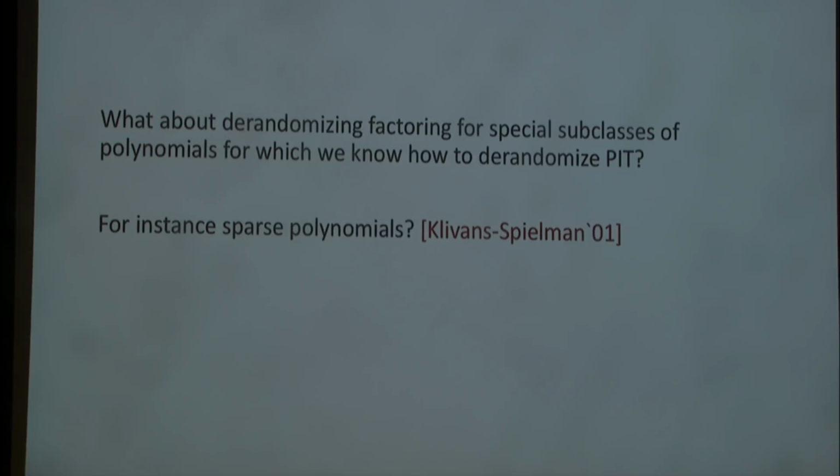Those were all results from the 80s, and they also have reconstruction algorithms with good parameters. This is known since much before their work. For sparse polynomials, we know how to derandomize PIT. We know lots of things for sparse polynomials.